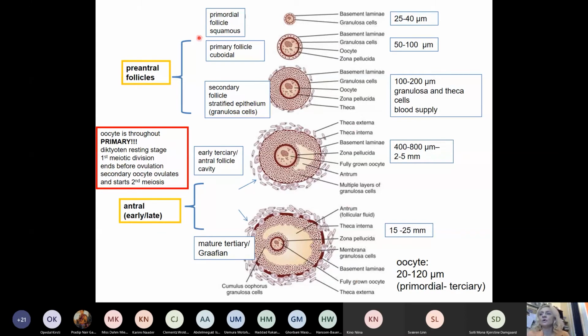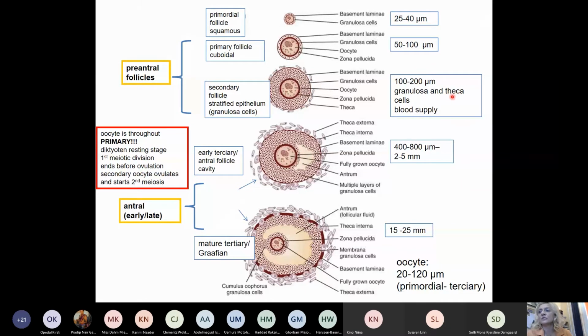And so if we go back to the primordial, simple squamous epithelium surrounds it. Then it starts to grow. First, simple cuboidal. This is the primary follicle. Then many layers of the cuboidal epithelium. This is the secondary follicle. And this stratified epithelial layer is called granulosa cells. So from this point, we call them granulosa cells. And at this stage, also from the stroma, the Theca cells will differentiate.